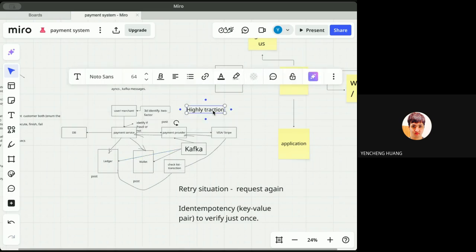So how do I handle the high transactions? I use the queue to handle it.